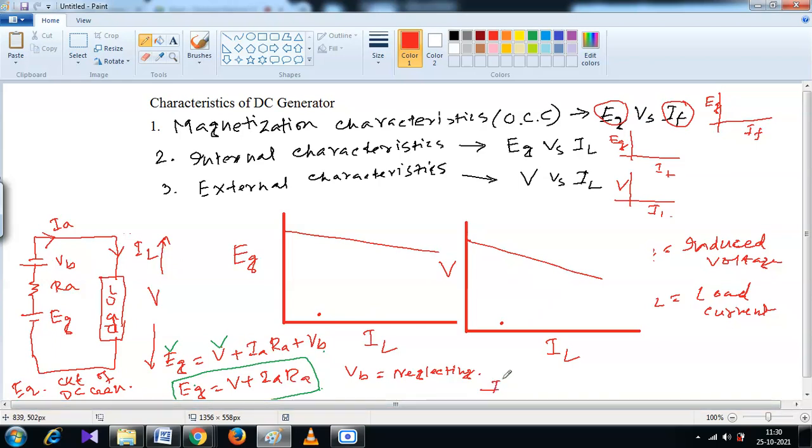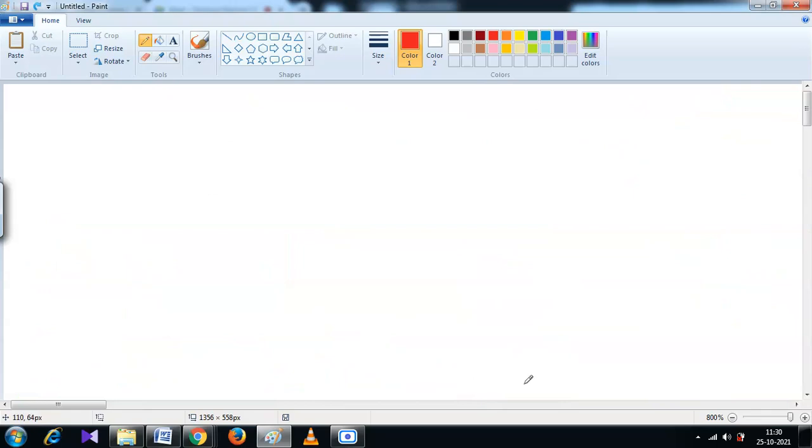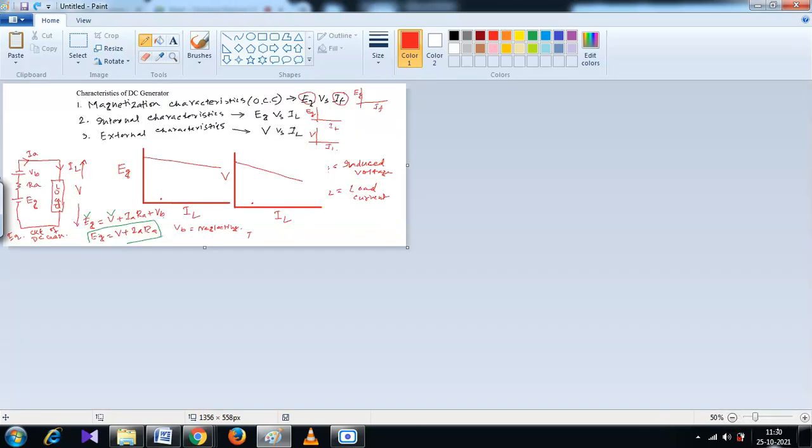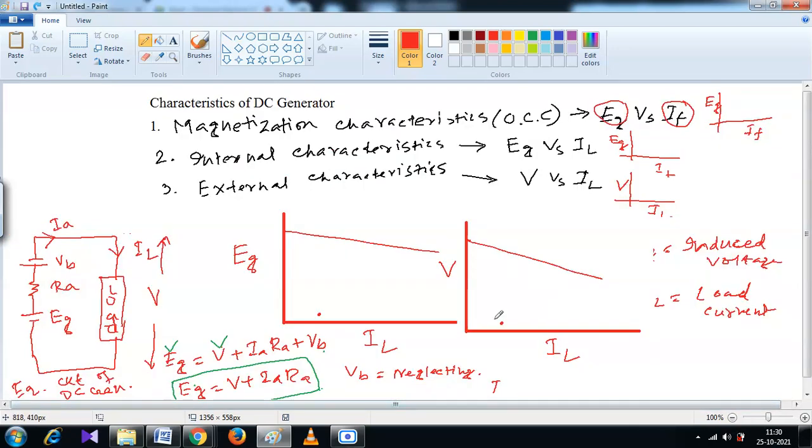Here you can also write IL is equal to IA, because this is the armature current and this is the load current, they are on the same path. The value of EG is higher than V for a particular armature current.